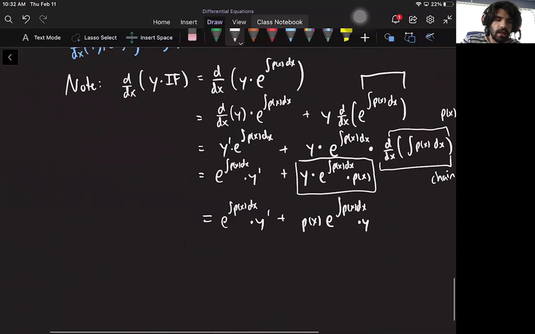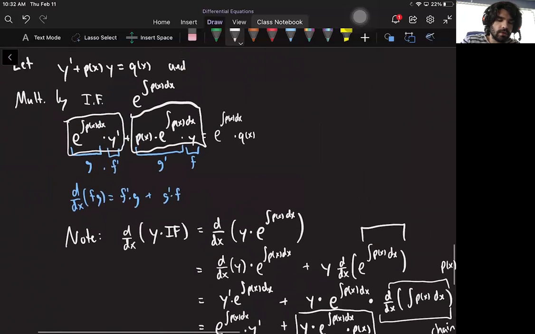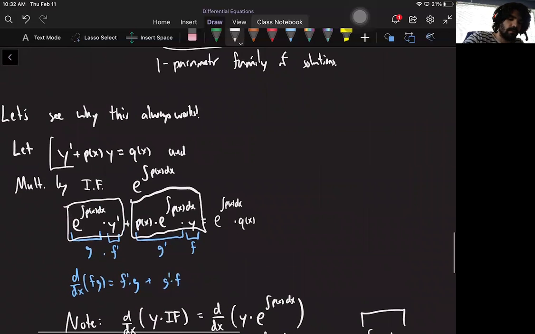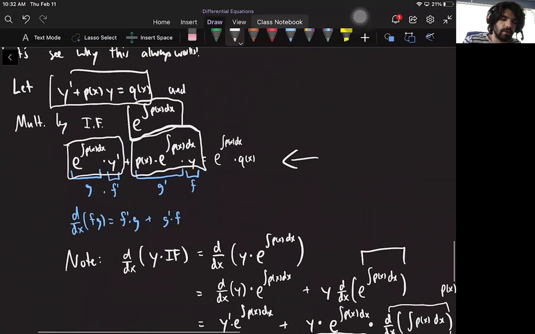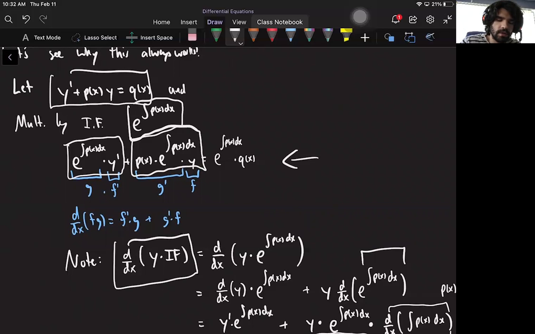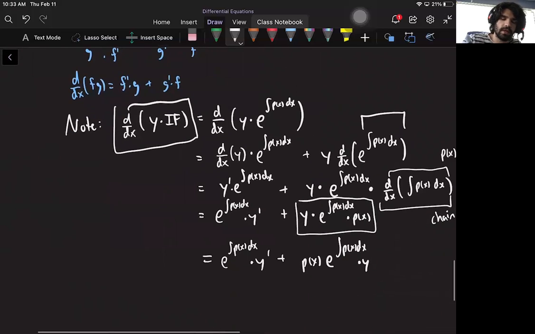Okay, so what this is saying is, in my differential equation, I started here, I multiplied by this thing, and now I'm here. But the left side I can replace with just the derivative of y times the integrating factor, because what I've done is I've shown that that's exactly what the left side is. The left side is this, but it's actually this.